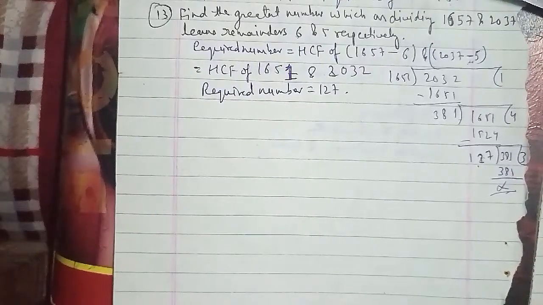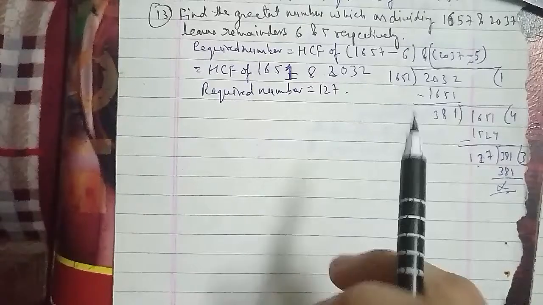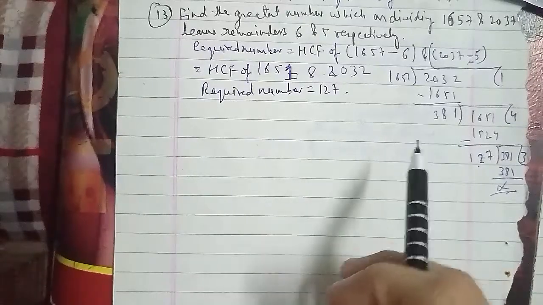Now we'll go ahead with another question, which is the 14th question of the session. The question is, find the largest number which divides 62, 132 and 237 to leave the same remainder in each case here.